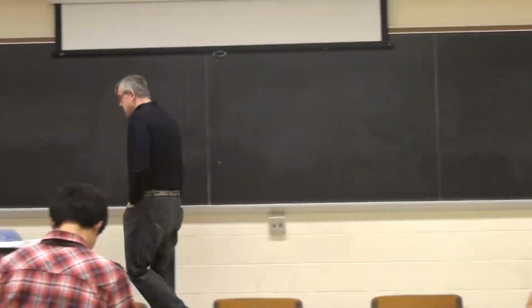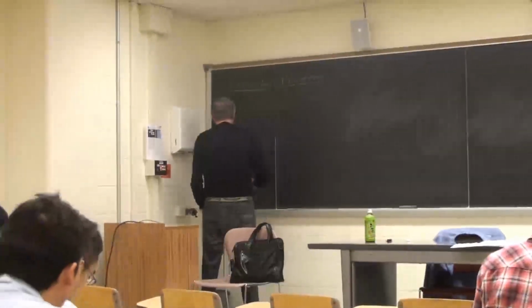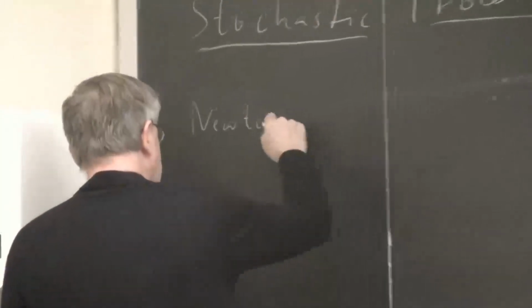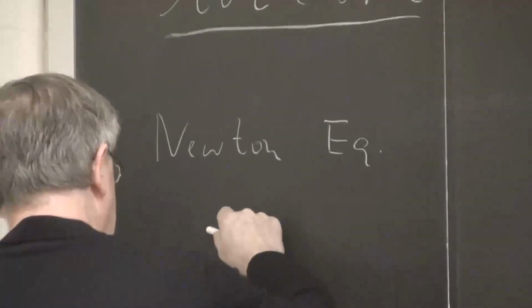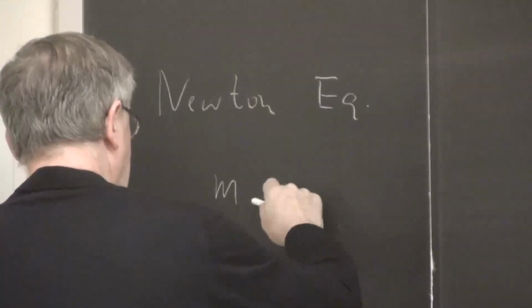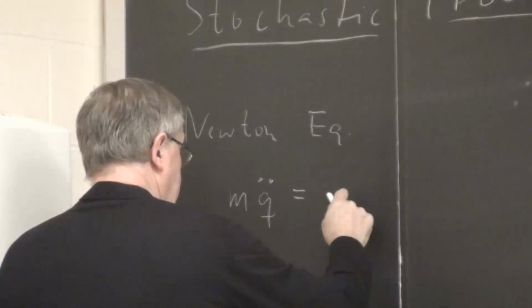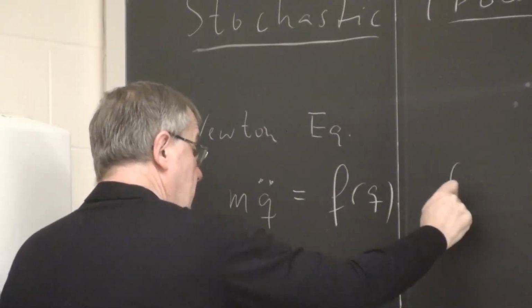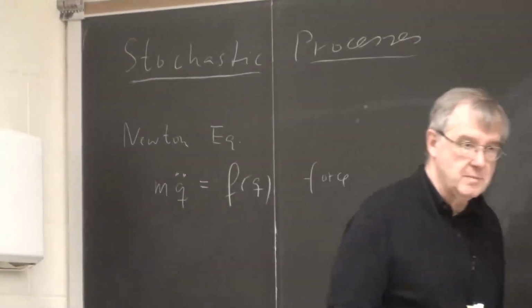And so we take first a process that is not random, and that is described by Newton's equation. And there we might have one-dimensional motion that is described by a force F of Q, and this would be then the equation of motion.